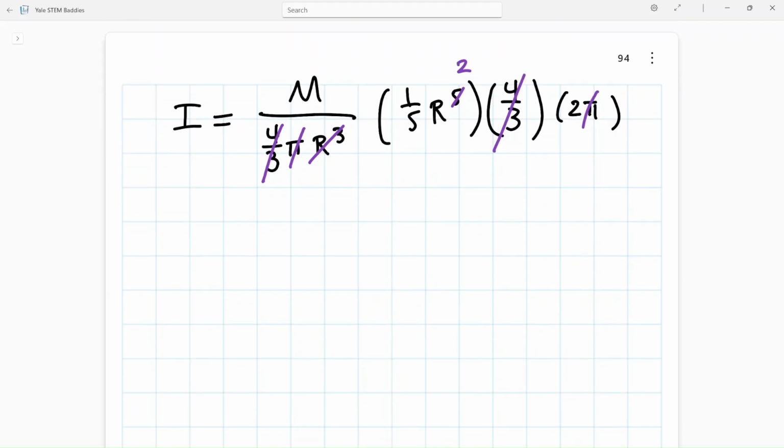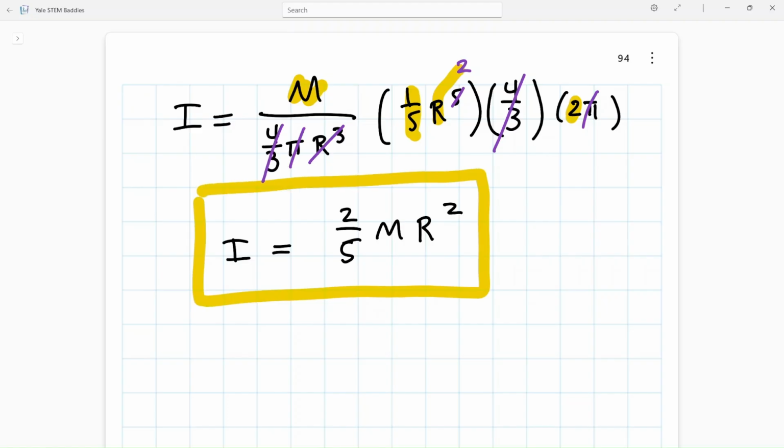So now if we put this all together, we are left with this 2, this 1/5, this r squared, and this M. So we are left with 2/5 M r squared, and this indeed is the moment of inertia of a uniform sphere with an axis passing through its center of mass.